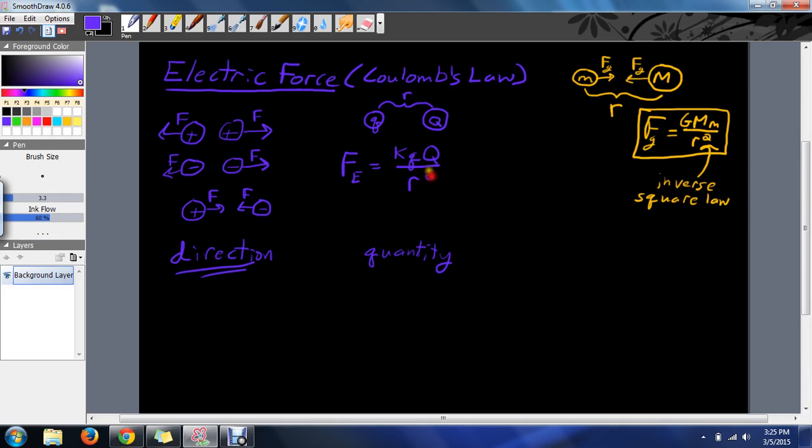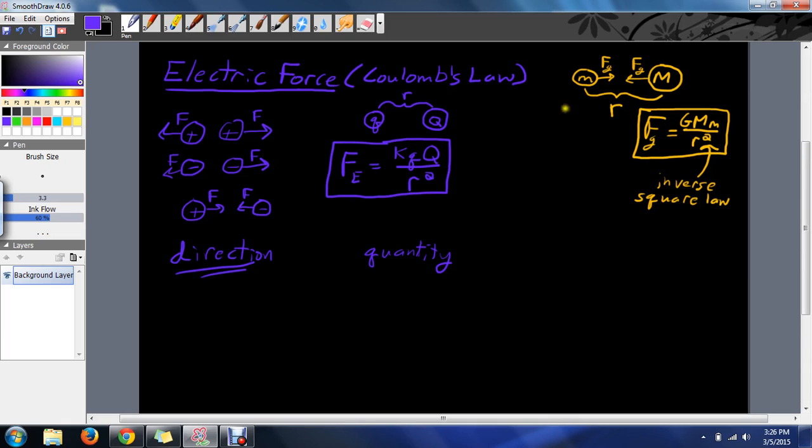So notice how the big difference between the electric force and the gravitational force is that the electric force depends on charge, the gravitational force depends on mass.